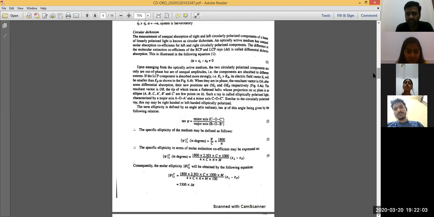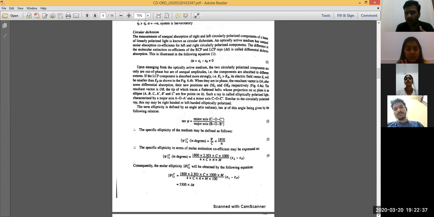And how you can mathematically express the difference between the molar absorptivities and the ellipticity is given over here. Tan of psi giving you minor axis over major axis. This gets translated into psi over C because you are trying to remove the concentration dependence. You want molar ellipticity. If you want molar ellipticity, you should remove the concentration dependence. How do you remove the concentration dependence? By dividing by concentration. So that's how the divided by concentration has come, right?